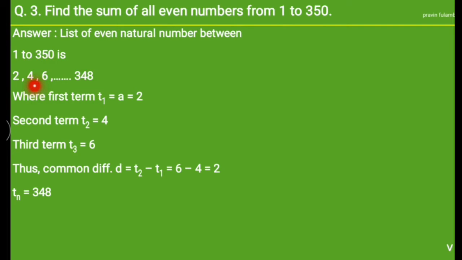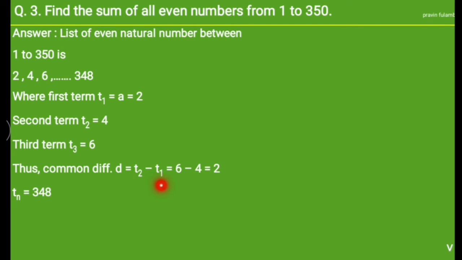So we write the natural numbers. These natural numbers are in arithmetic progression, where first term t1 equals a equals 2, second term t2 equals 4, third term t3 equals 6. Thus common difference d equals t2 minus t1, or you can write t3 minus t2.